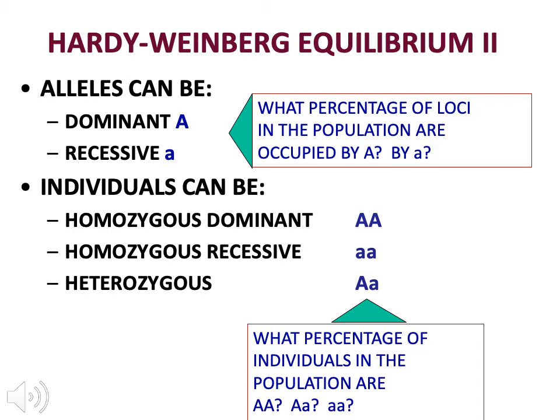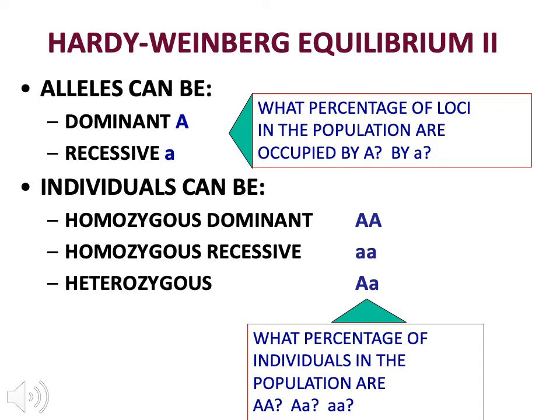And then on my next bullet point, I will remind myself individuals are a combination of two different alleles. You inherit one from one parent and you inherit the other from the other parent, which means you could have two dominant alleles. You could be homozygous dominant. You could have two recessive alleles. You could be homozygous recessive, or you could be heterozygous, having inherited a dominant allele from one parent and a recessive from the other.